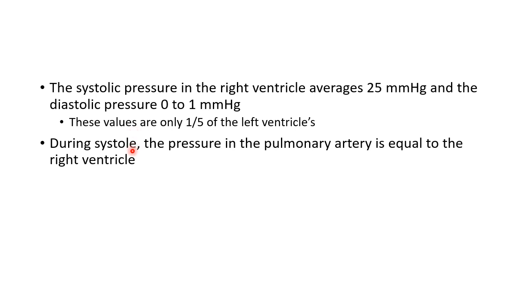During systole or ventricular contraction, the pressure in the pulmonary artery is equal to the right ventricle. So what does that mean? When the right ventricle contracts, you will observe 25 mercuric millimeters of pressure inside it. That pressure, 25 mercuric millimeters, is also the pressure in the pulmonary artery. Okay?